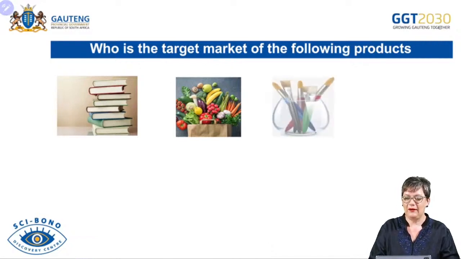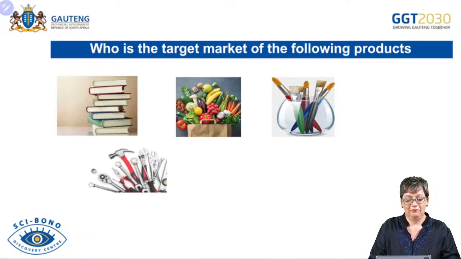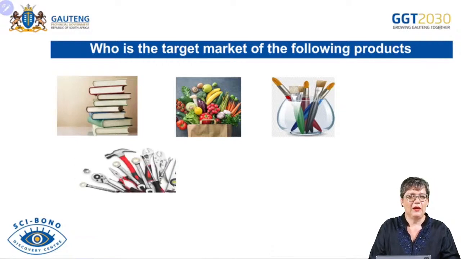Let's look at the next one. Here we've got paintbrushes. Obviously, the target market here is artists or people who want to be creative. There are some tools. Be careful. You can't only say the target audience is men. Women like playing with tools as well. So make sure you get it right.